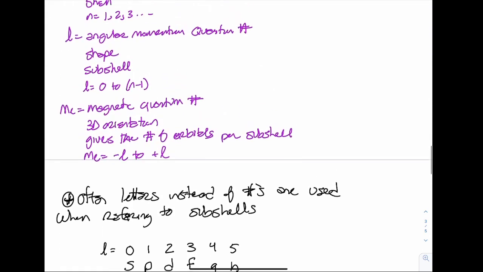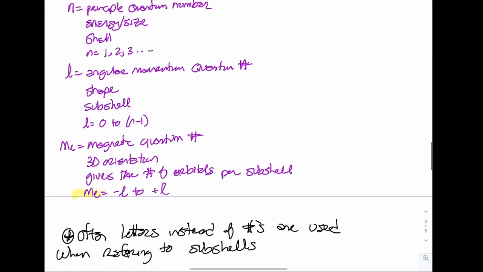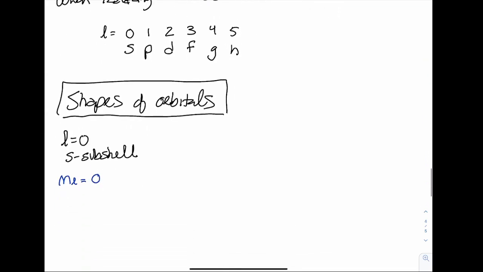If we go back up here, m sub L is equal to negative L to positive L. Here L is 0, and 0 is just 0. There's no positive or negative 0. So m sub L is 0. What that means is there's one orientation, meaning there's one s orbital per subshell.